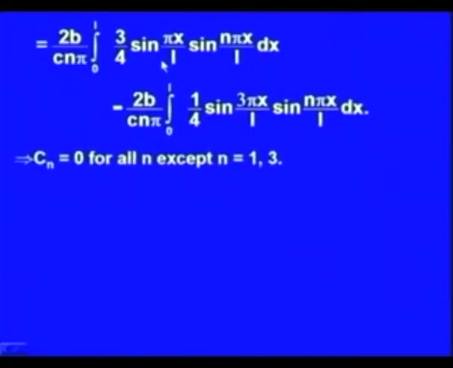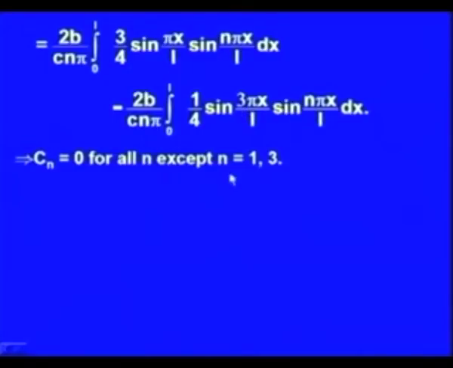Now, let us use the orthogonality of sin(nπx/L) functions over the interval 0 to L. Then 3/4 is a constant. So, integral 0 to L sin(πx/L) into sin(nπx/L) dx will always be 0 for all values of n except n equal to 1, and here integral 0 to L sin(3πx/L) into sin(nπx/L) dx will be 0 for all values of n except n equal to 3.